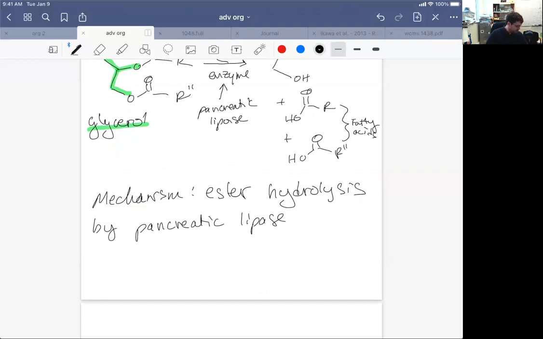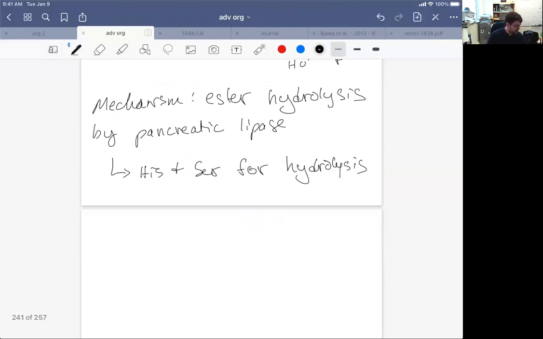Okay, so what happens is we use a combination of histidine plus serine for hydrolysis. So the enzyme is this complex array of amino acids, and there's a histidine and serine that are pushed close together in the three-dimensional fold of the enzyme, not in the sequence. If you look, this histidine is at position 263 and the serine is at 152. So in sequence space, they are a bit far apart from each other, but they can fold and wrap around and come together.